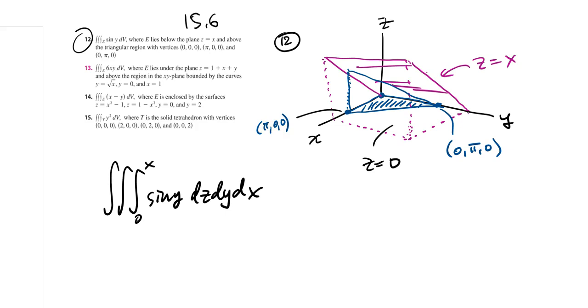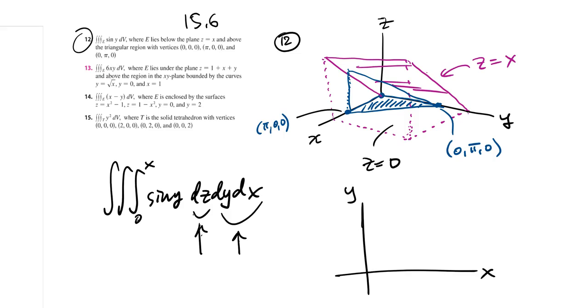We'll do dy dx. So once I'm done with this dz piece, for dy dx, I see what's going on in the xy plane. You have this line here, I'll do it in blue because it's in blue in the original. This is pi, and this is pi.